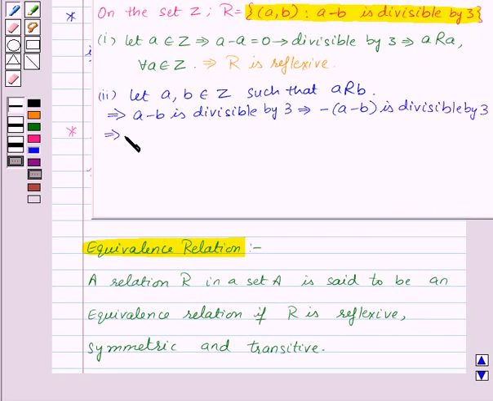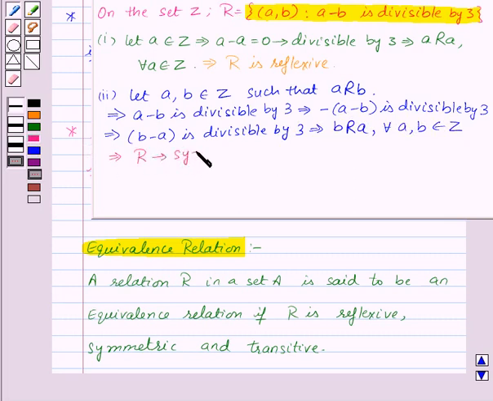From this we get b minus a is divisible by 3. That means b is related to a, for all a, b belonging to set Z. Thus, we get that the relation R is symmetric.